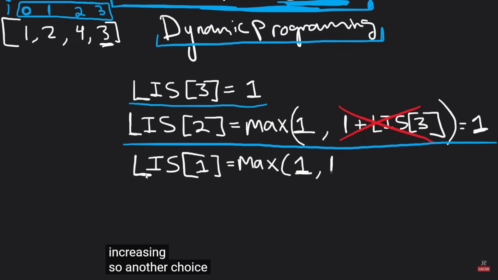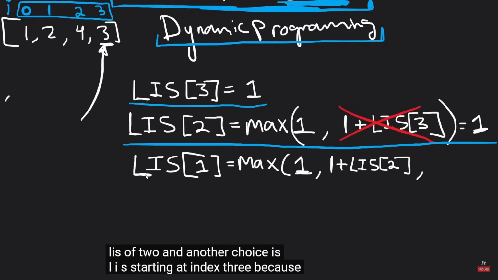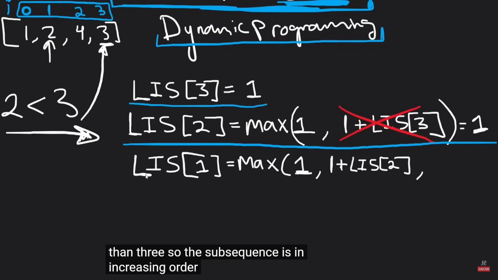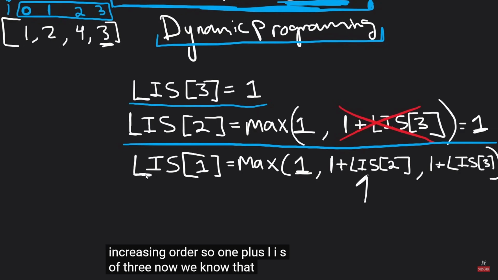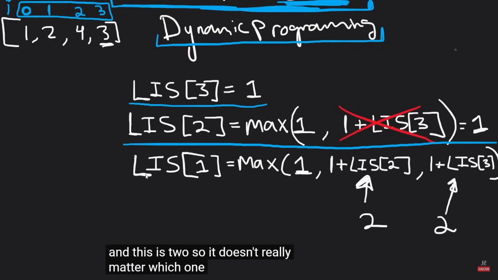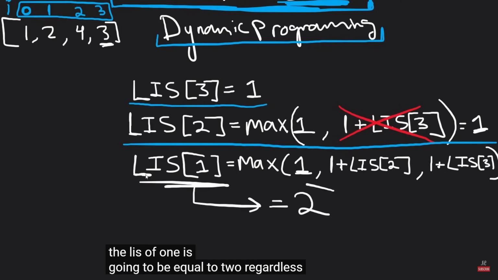Another choice is 1 plus LIS of 2, and another choice is LIS starting at index 3, because 2 is less than 3, so the subsequence is in increasing order. So 1 plus LIS of 3. Now we know that this is 2 and this is 2, so it doesn't really matter which one we do. The LIS of 1 is going to be equal to 2 regardless.